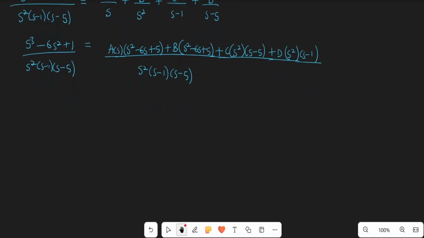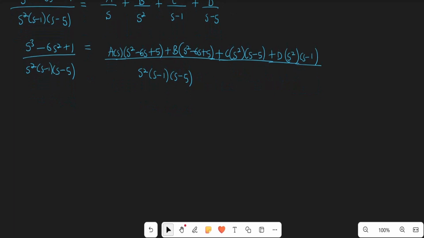Cool stuff. So now here, what do we have? Now the denominators are the same. When we multiply by the denominator, they will cancel, and you are left with the numerator. So the numerator is s^3 - 6s^2 + 1, and that is equal to, now let's FOIL these: As^3 - 6As^2 + 5As.